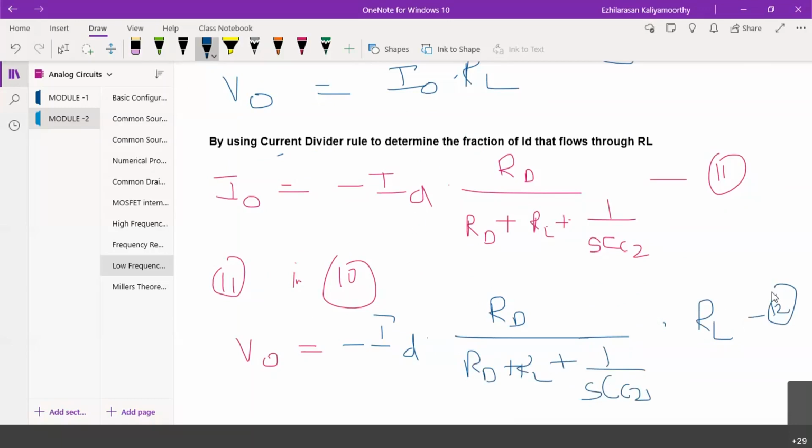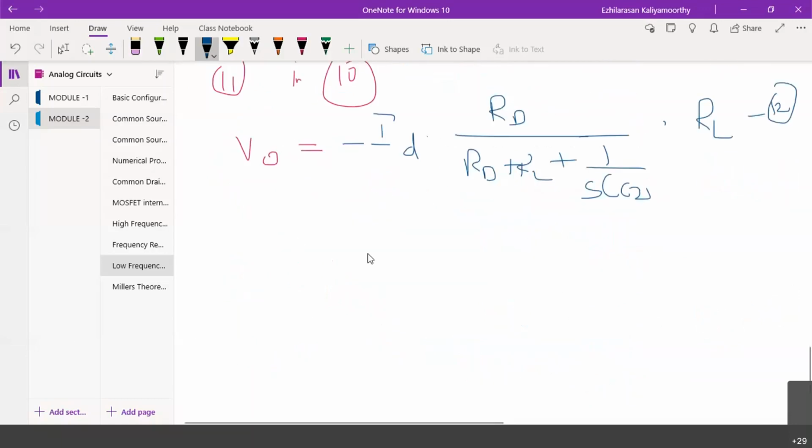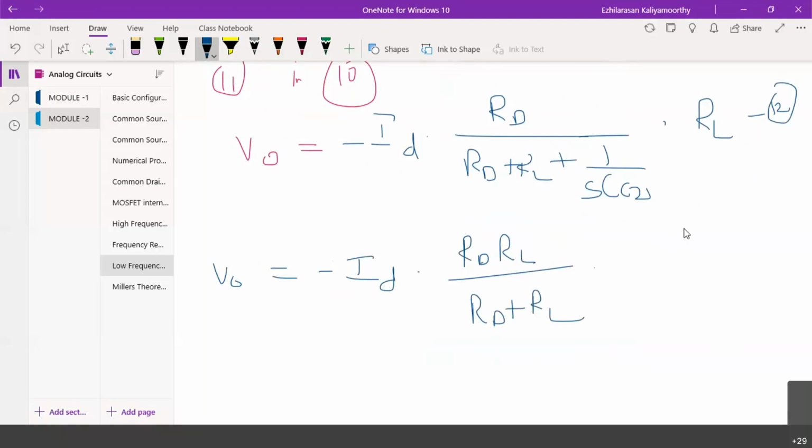Now from this, you simplify this. When you simplify, we'll get the expression as V naught is equal to minus ID into RD RL divided by RD plus RL into S divided by S plus 1 by CC2 into RD plus RL.